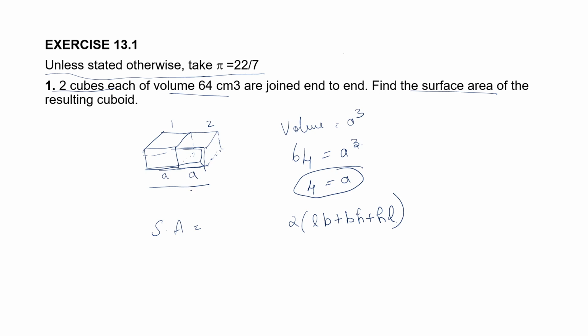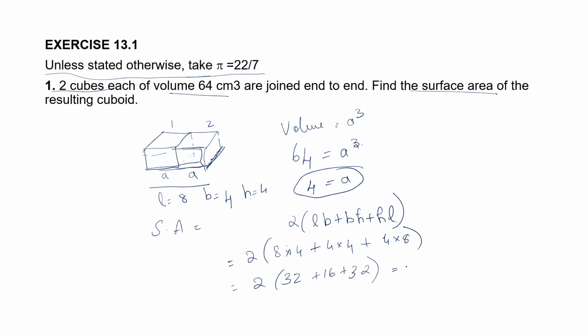A plus A, which means L will become 8. What is B here? B is this side. This side is only 1A, which is 4. H is also 4. You just substitute these values. Okay, so 8 into 4 plus 4 into 4 plus 4 into 8. So 2 into 32 plus 16 plus 32.